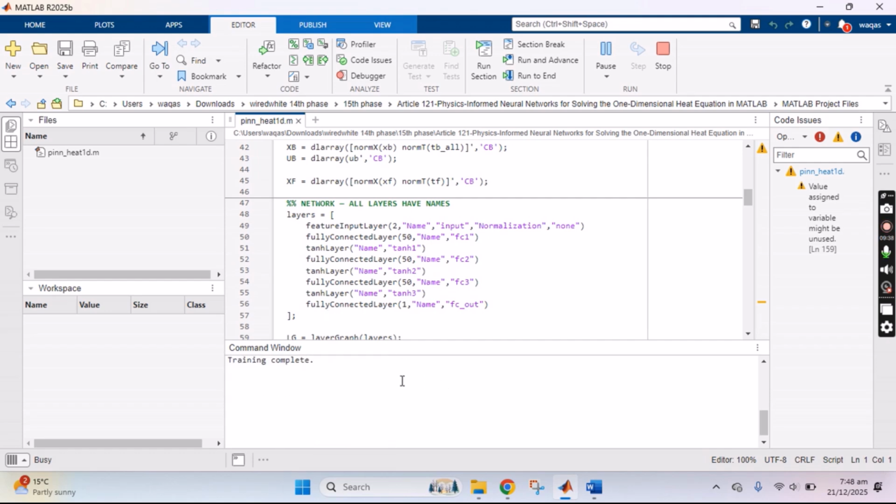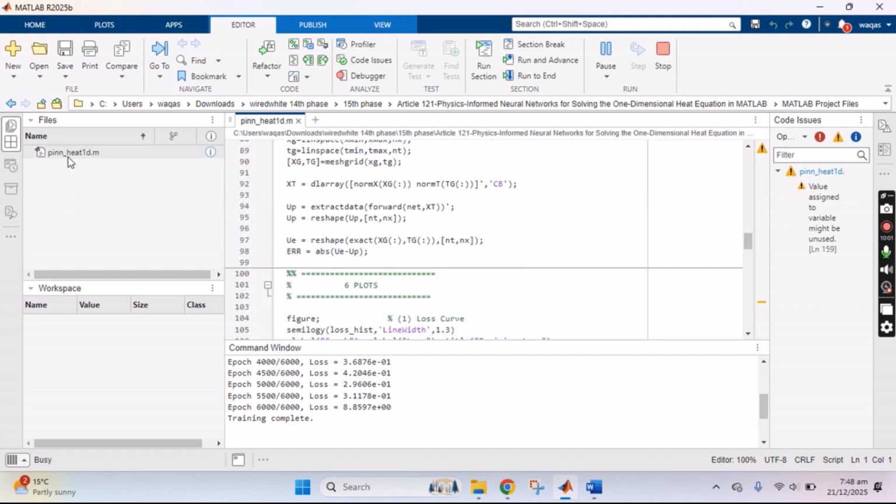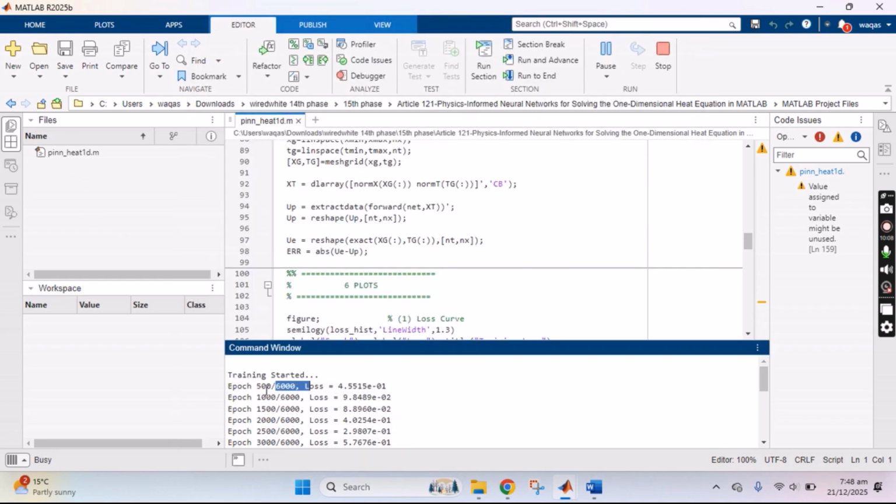That's why I ran this MATLAB code previously during the explanation of the article, so that it provides accurate results. You just need to open this MATLAB file and run it. It will take some time because the epochs are 6,000, so it runs one by one accordingly.